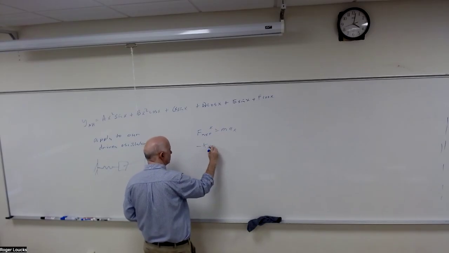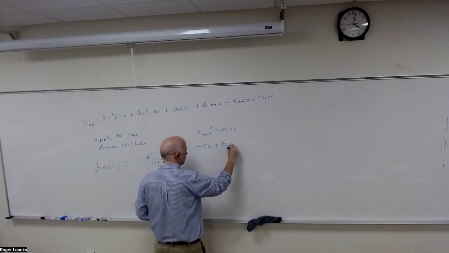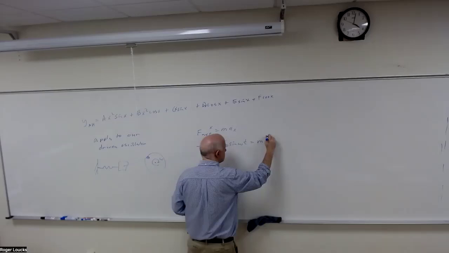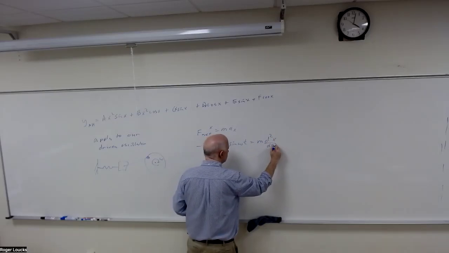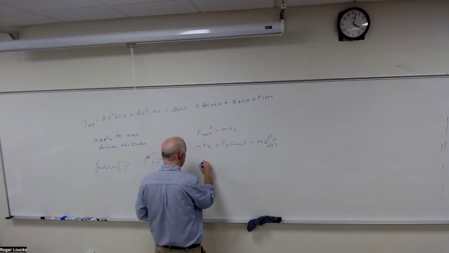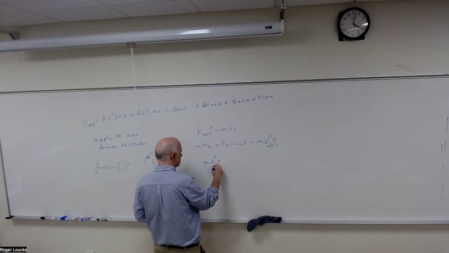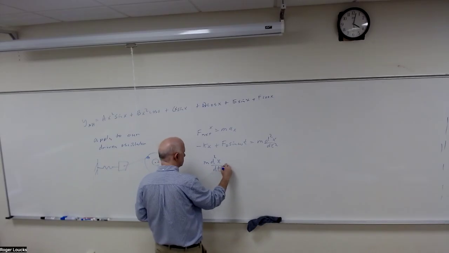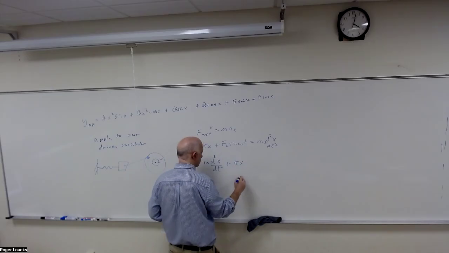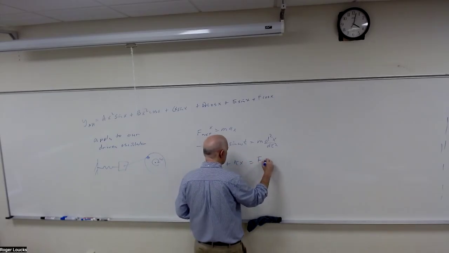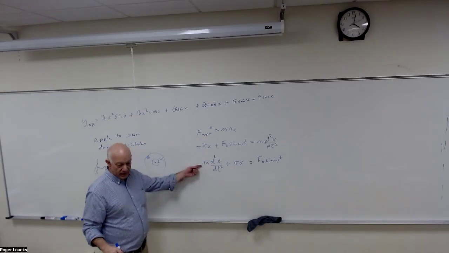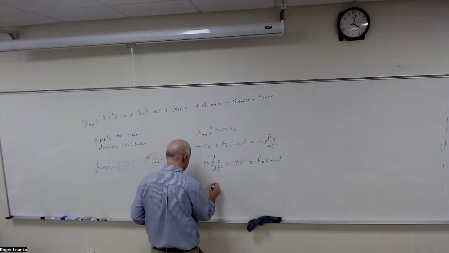We have this minus kx. That's our driving term, which is going to be a sine. So I'm going to write this out, and normally what you're going to do is divide through by the m and write it in a more user-friendly form.